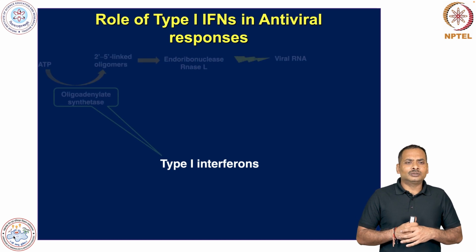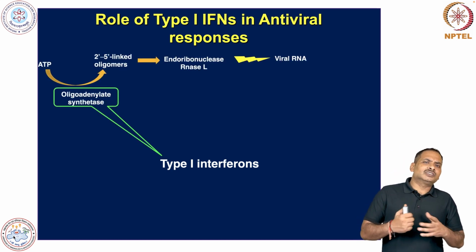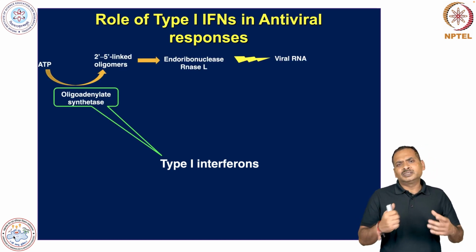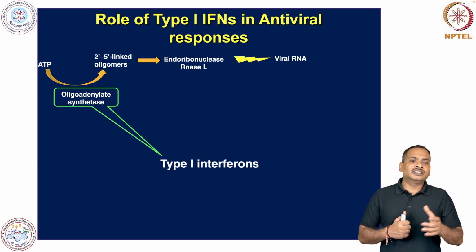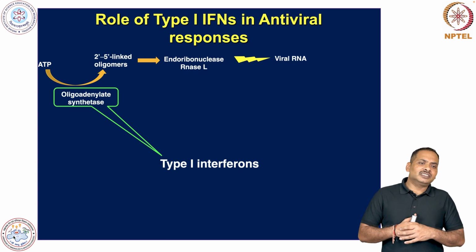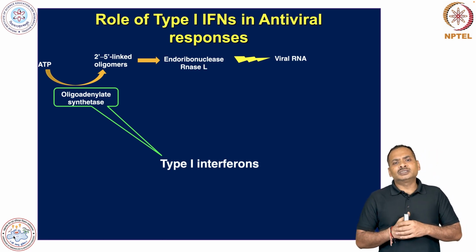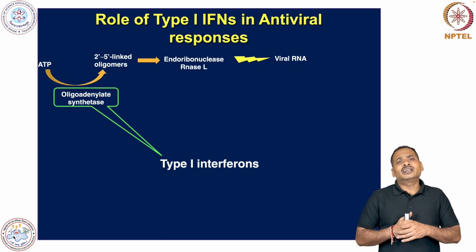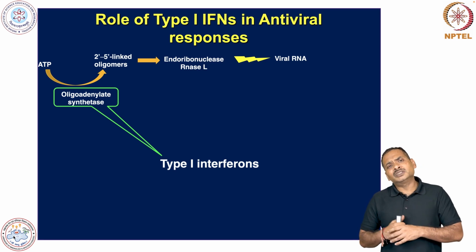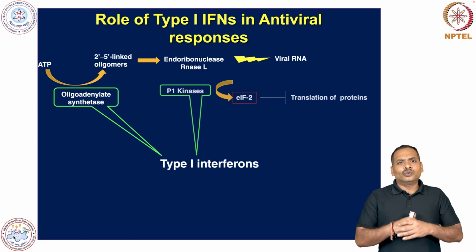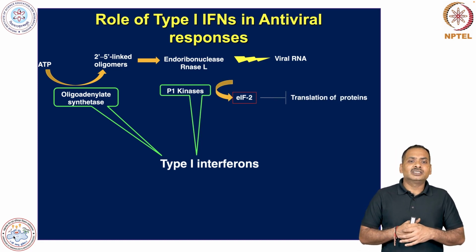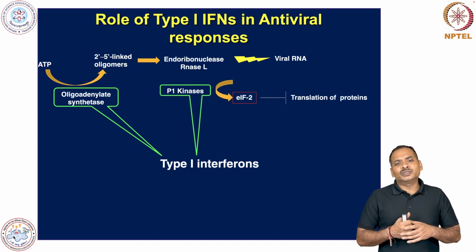It's interesting. Basically it induces hundreds of genes, and all these genes play an important role in antiviral immunity. Here you can see oligoadenylate synthase. Basically it induces the synthesis of RNase L, and this RNase L cleaves the viral nucleic acid, and in that way viral replication can be checked. This can also induce PKR kinase.